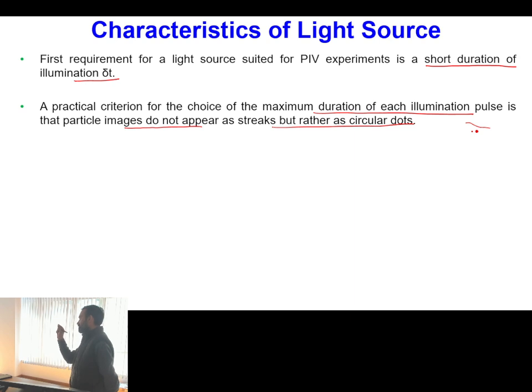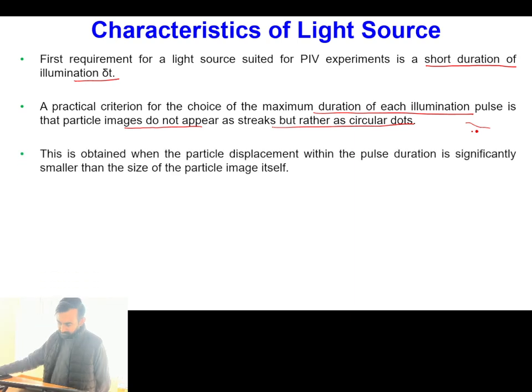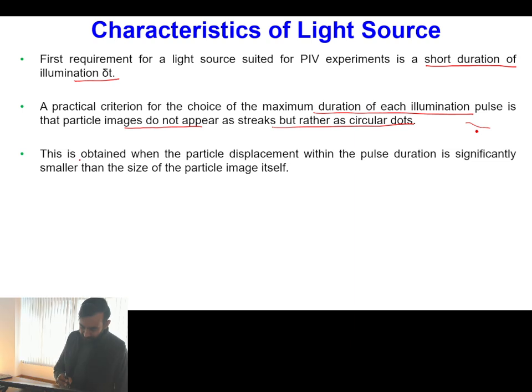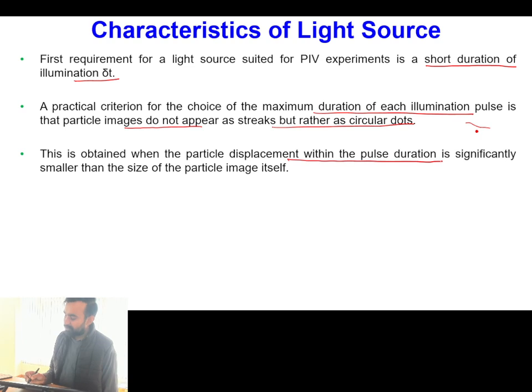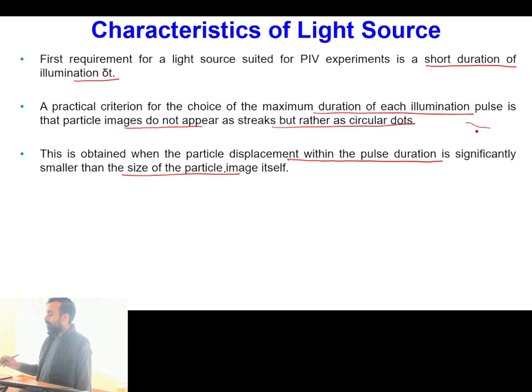So if we change this illumination pulse, and unless it is matched with the camera capturing frequency, then we will actually find that streaks will be coming in the real images. And typically this is possible when the particle displacement within the pulse duration is significantly smaller than the size of the particle itself.